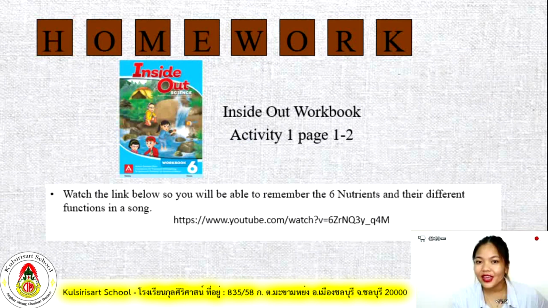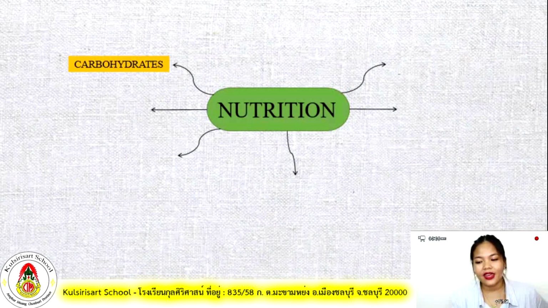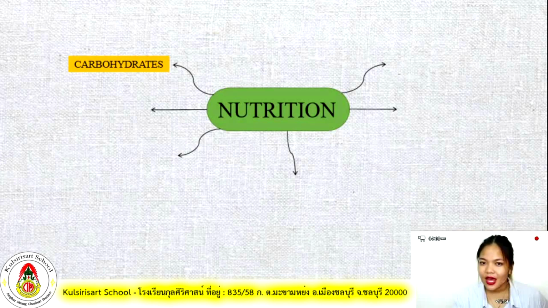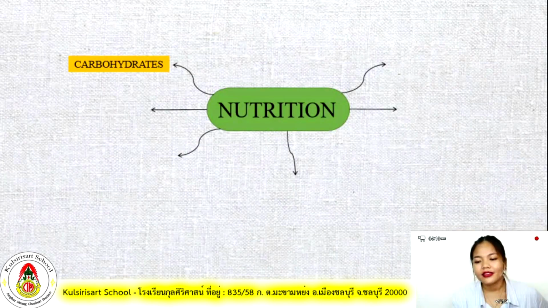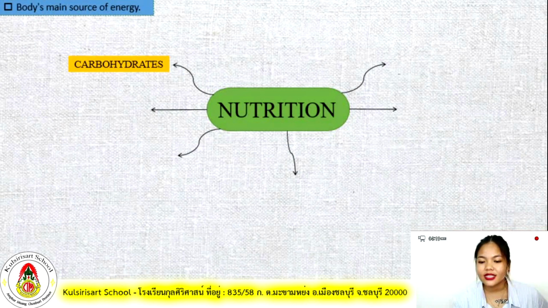Now, let's have a recap. I have here with me a mind chart. Our topic is about nutrition. We discussed the 6 types of nutrients. The first one is carbohydrates. Carbohydrates are the body's main source of energy.